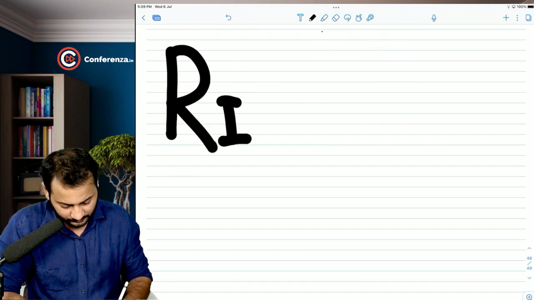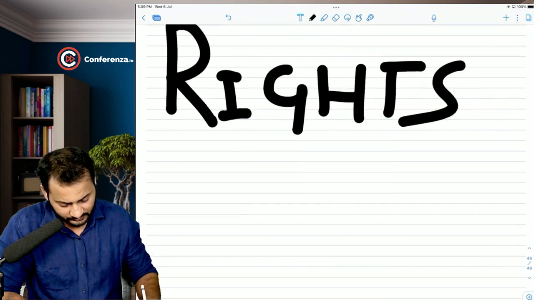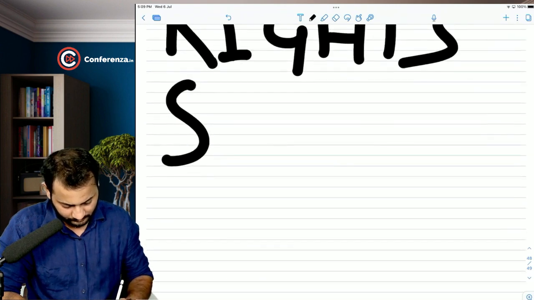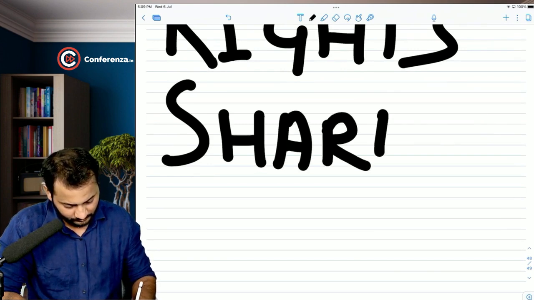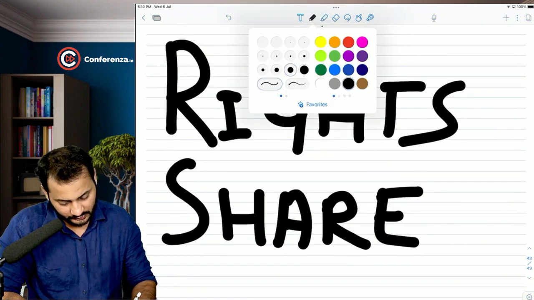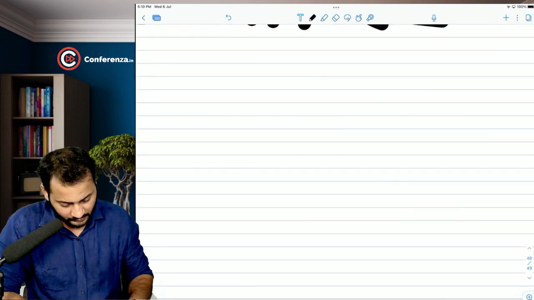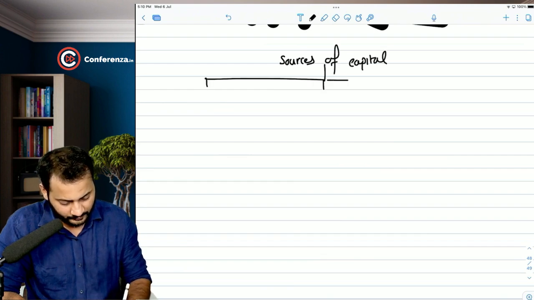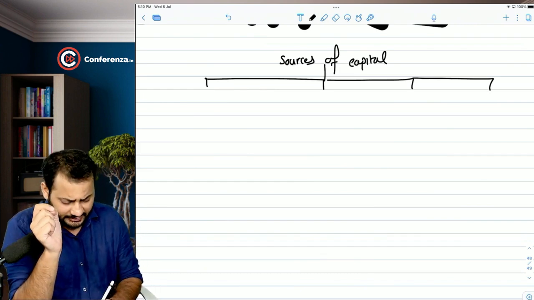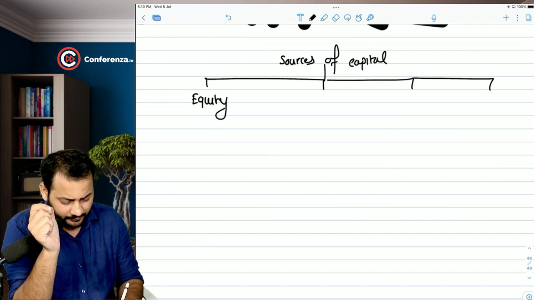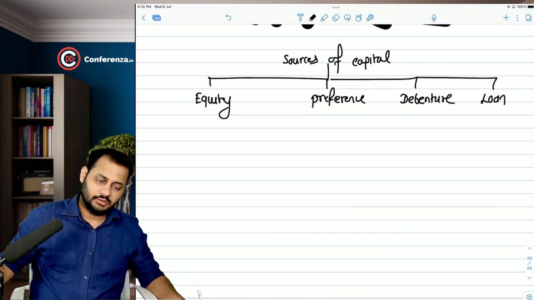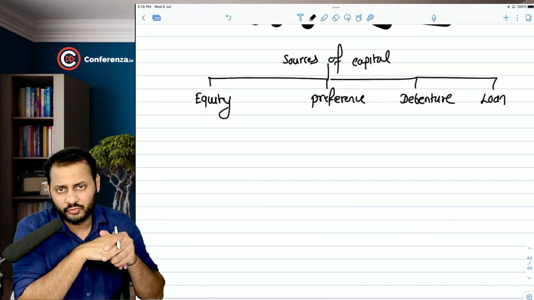Sources of capital. So in a nutshell, we can say that the major source is equity, then comes the preference, debt holders, we call it debentures, then loans from the banks and all, etc. There are many other things, but I'm just summarizing it in 4 different categories.